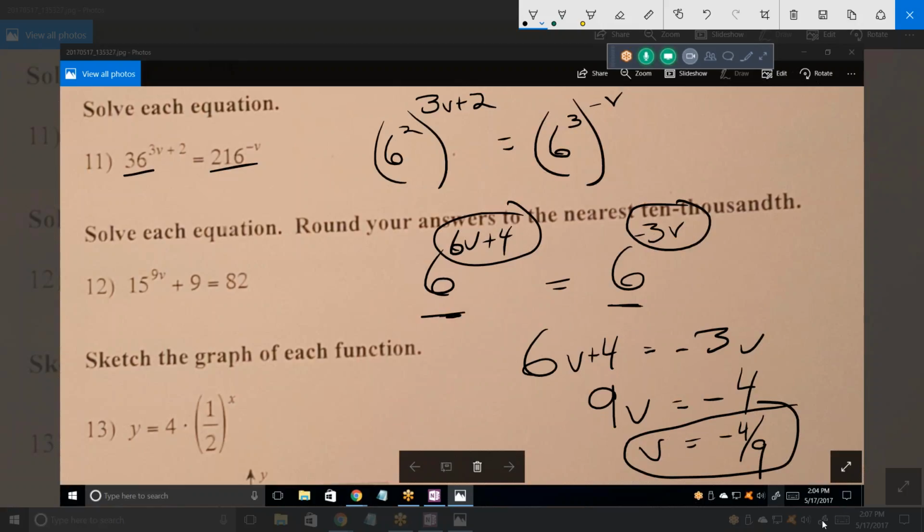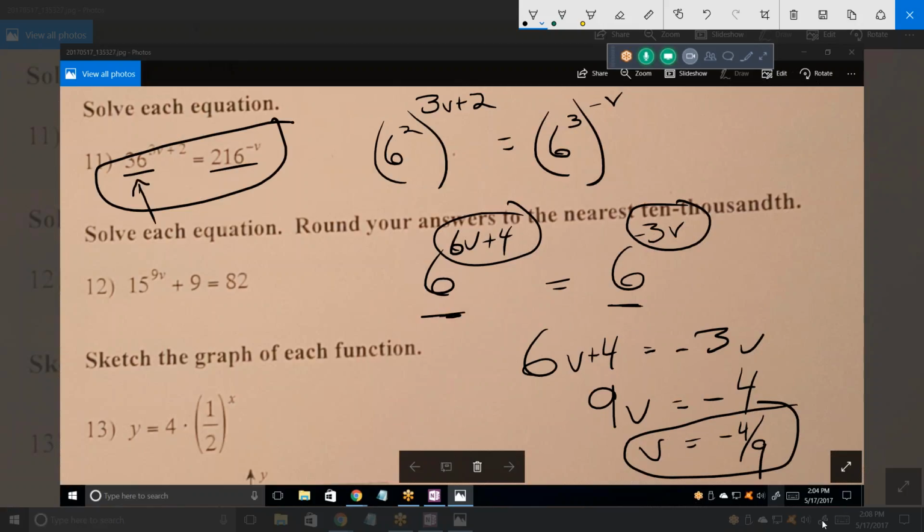Now, remember this is an exponential equation. And I'm saying 99% of exponential equations, you need logarithms to solve. But when they first start teaching you about them, they give you a lot of problems that have common exponential bases.